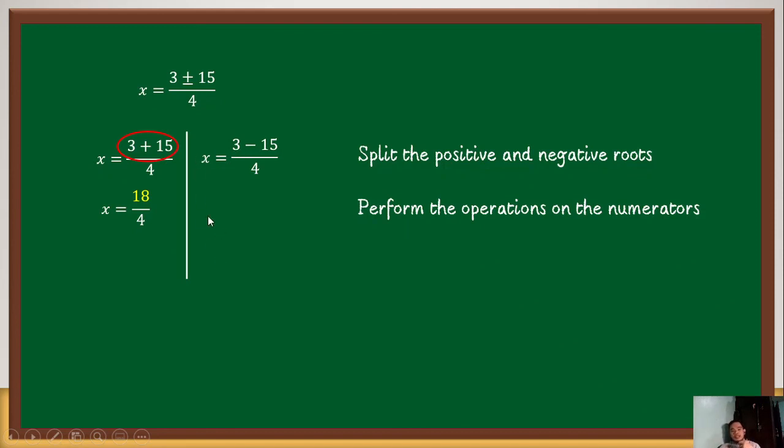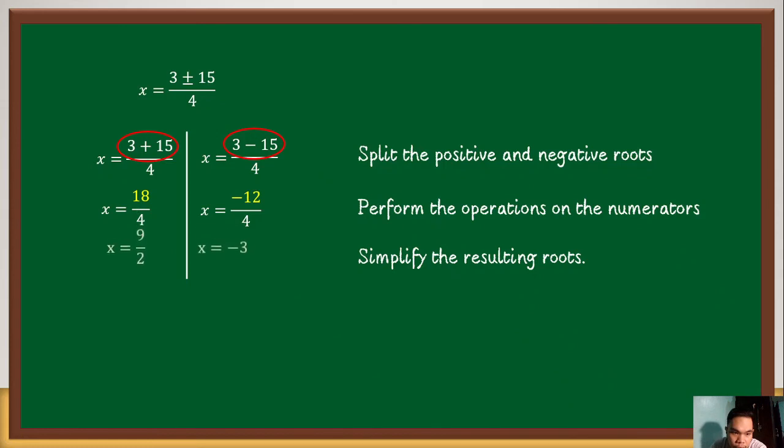While this one, 3 minus 15, that will be equal to negative 12. Since 3 is positive and 15 is negative, 3 minus 15 will be equal to negative 12. Then simplify the resulting roots. Okay, so if we simplify 18 over 4, it will give us 9 over 2.